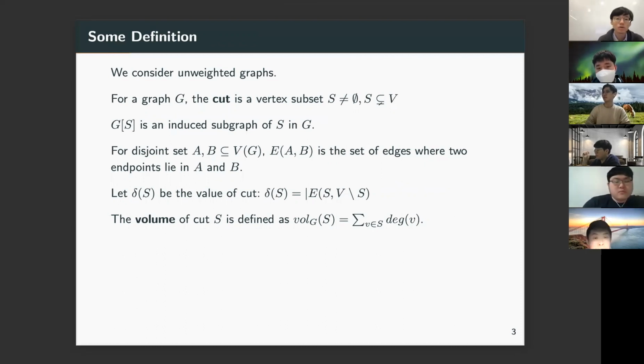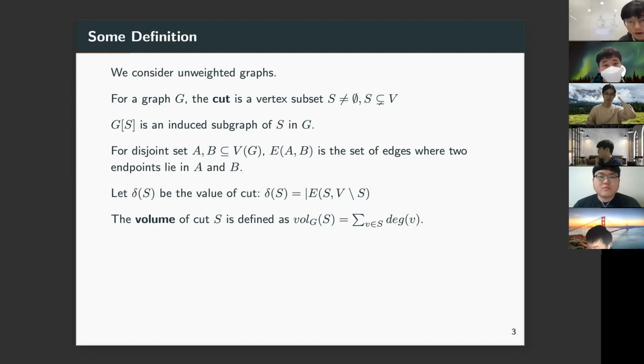Also, G[S] is the induced subgraph of S in G. For two disjoint sets A and B, subsets of the vertex set V, E(A,B) is the set of edges where the two endpoints lie in A and B. So it's like this: you have A, you have B, and then this kind of edges are in E(A,B).